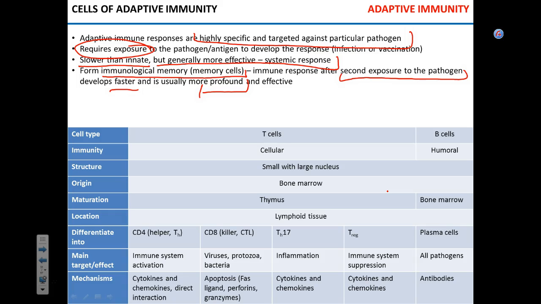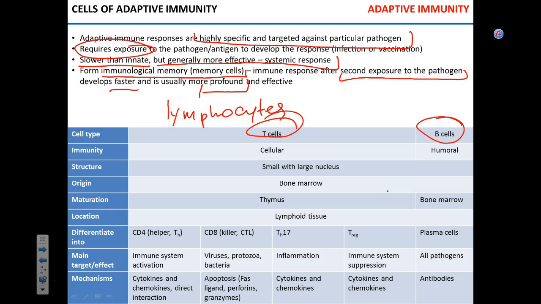Which cells represent adaptive immunity? Those are lymphocytes. T and B lymphocytes.